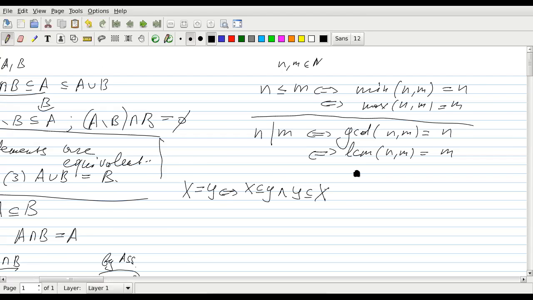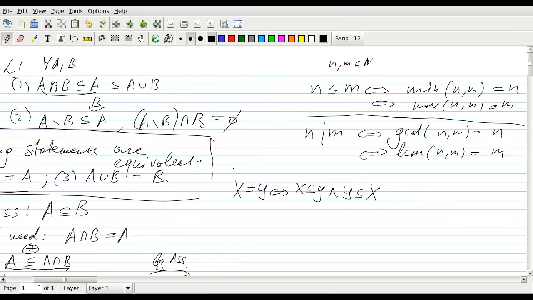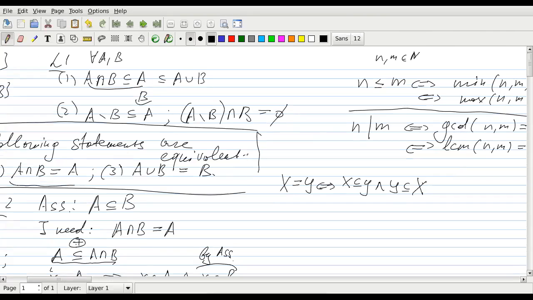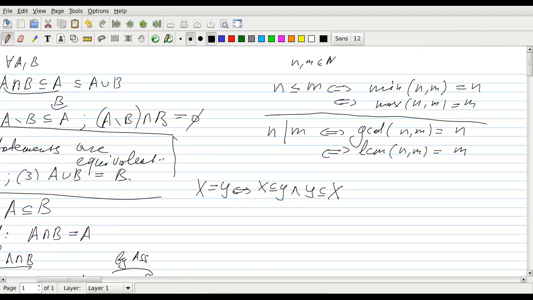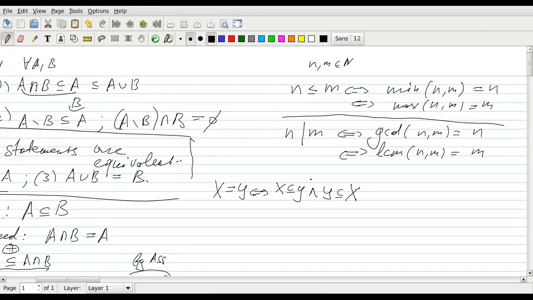So you see that inclusion plays the same role as minimum or the greatest common divisor, and union plays the same role as the least common multiple or maximum. We will develop this analogy later. Is the similarity clear? That is, there is some similarity.